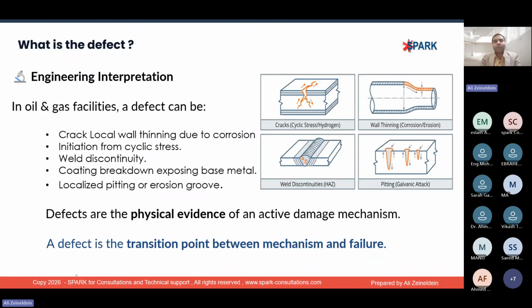Okay, when we talk deeply about engineering interpretation, there are some reasons and some appearances. Here we can see some cracks from cyclic stresses or hydrogen media or hydrogen surface. We can also see defects related to wall thinning, which may occur due to corrosion or erosion, or weld imperfections that exceed the acceptance criteria, so they become defects and need action.